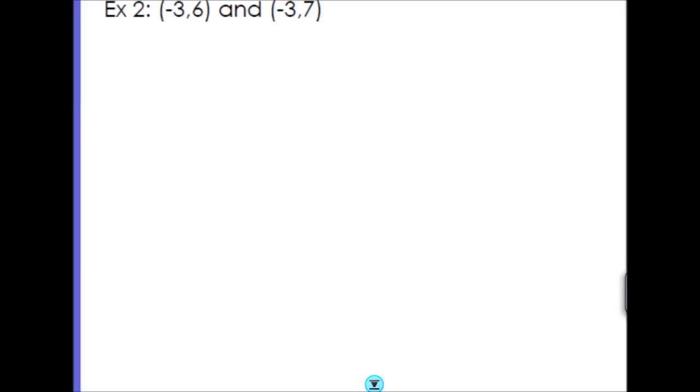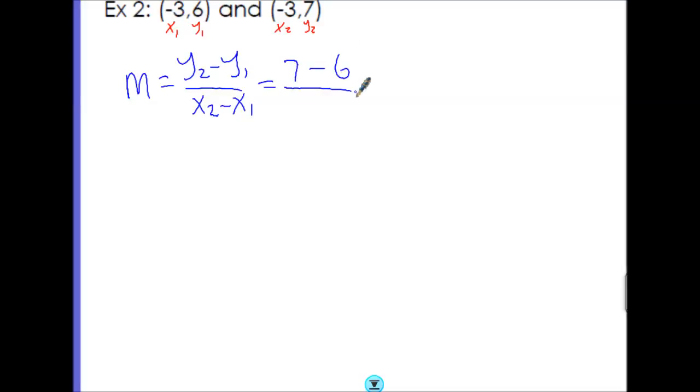Here's my second example. I would recommend writing this slope formula each time until you learn the slope formula very well. I will write my slope formula, label my points, x1, y1, x2, y2, then we will just substitute 7 minus 6 divided by negative 3 minus negative 3.